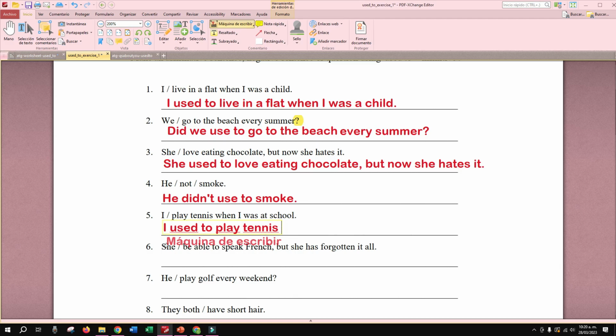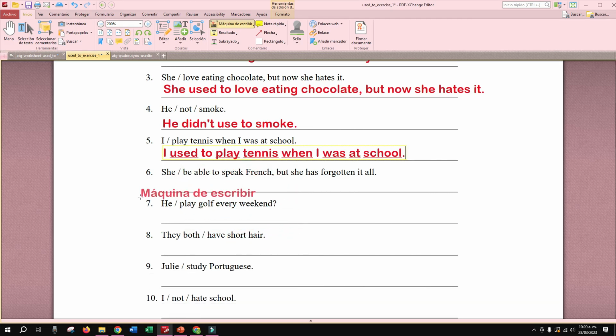I used to play tennis when I was at school. That would be another one. I used to play tennis when I was at school. That would be 6. She be able to speak French, but she has forgotten it all.